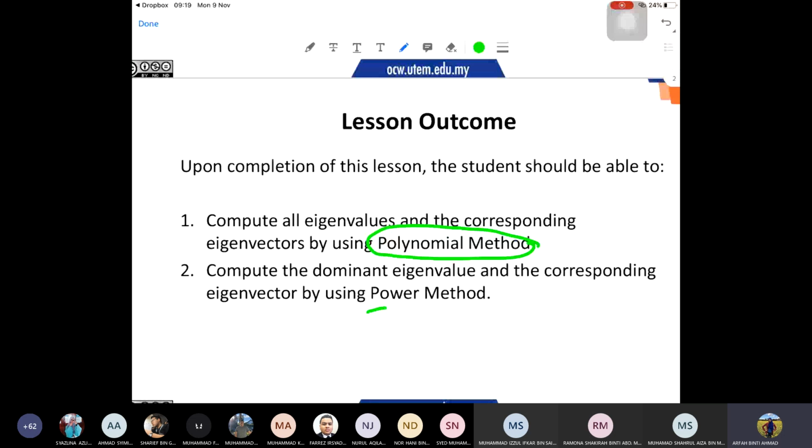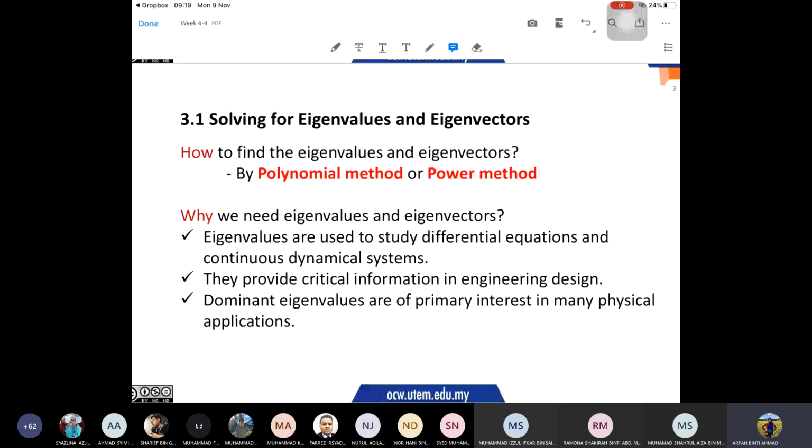But sometimes there are cases where we get the equation equal to 0, 0 equals 0. There is no solution for X1 and also X2. Not that there is no solution, it exists but it is something like imaginary or hidden. So from here we will get its eigenvalue and eigenvector. Okay. So these two are the things that we are going to take a look into in this chapter.